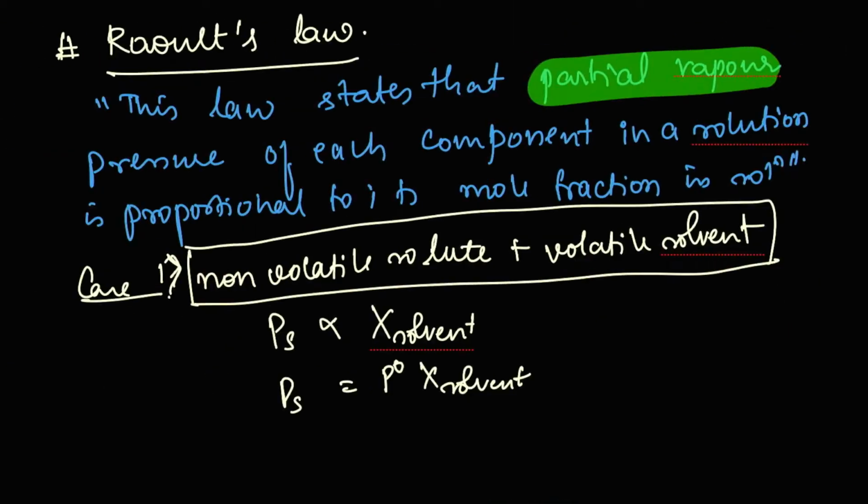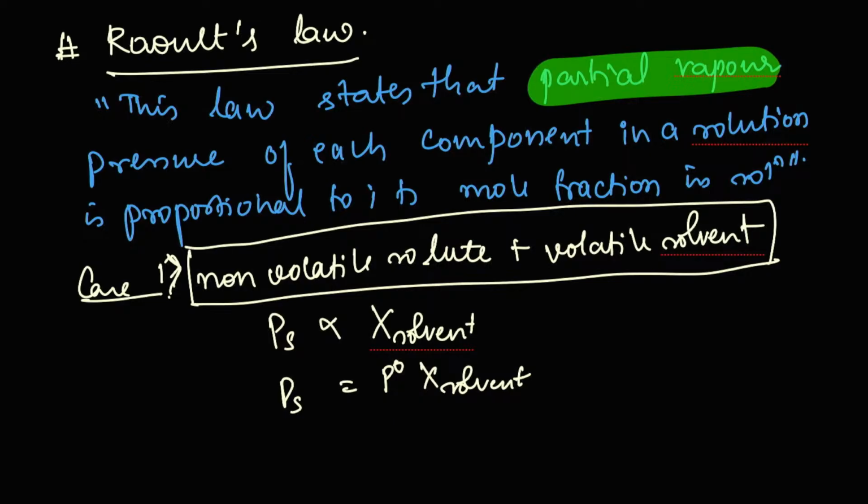What Raoult's law is saying is that the partial vapor pressure of each component, either solute or solvent, in a solution is directly proportional to its mole fraction. In case one of Raoult's law, you get a non-volatile solute and a volatile solvent.